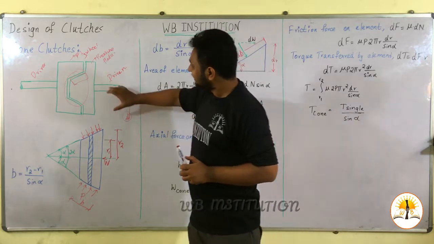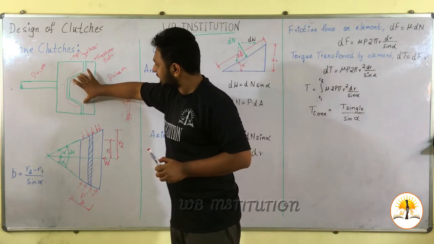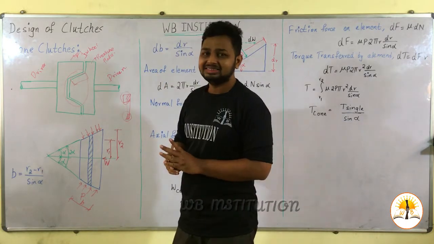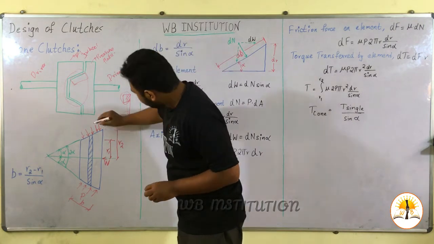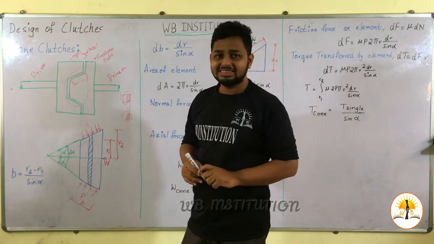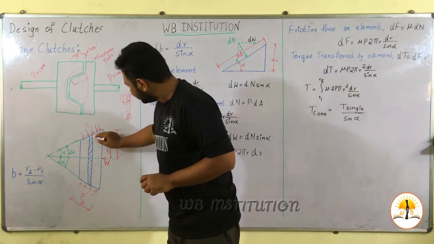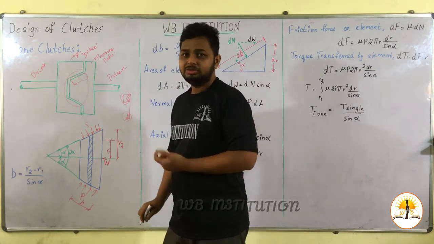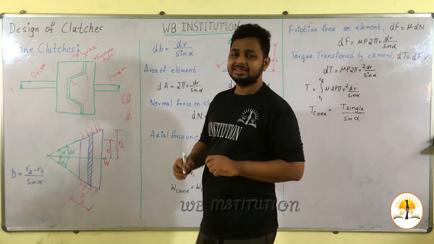Now let us take this conical shape and solve the equations. Here this is the amount of pressure applied due to the pressure plate, and let us take a small element, as we did earlier in single plate clutches.